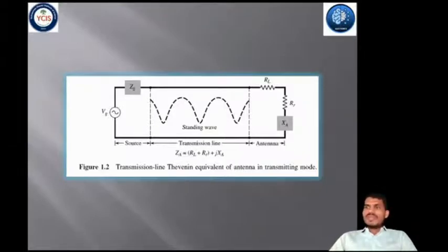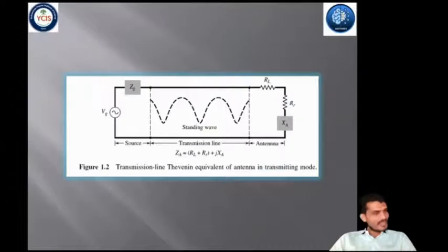Now if the antenna system is not properly designed, the transmission line could act to a large degree as an energy storage element instead of as a wave guiding and energy transporting device. That means if it is not designed properly, it could not act as an energy transmission device.